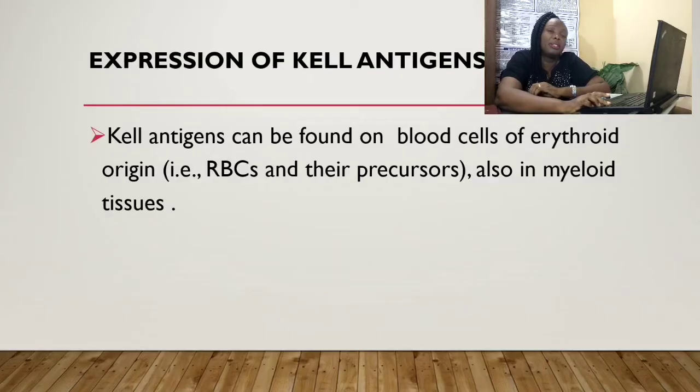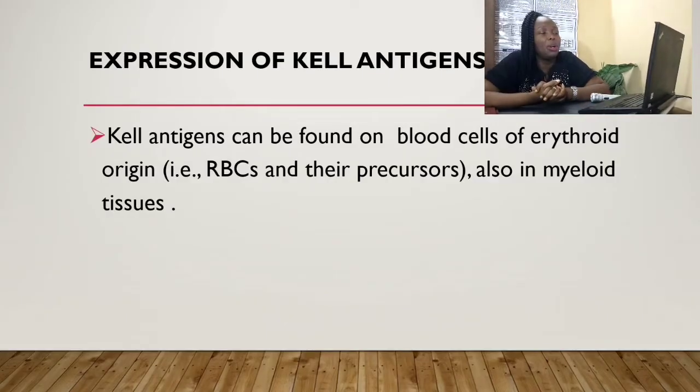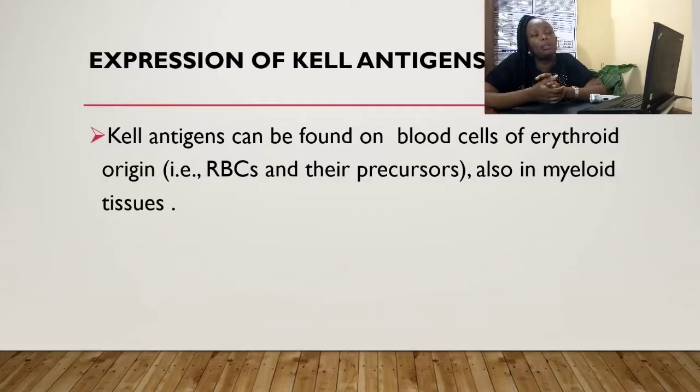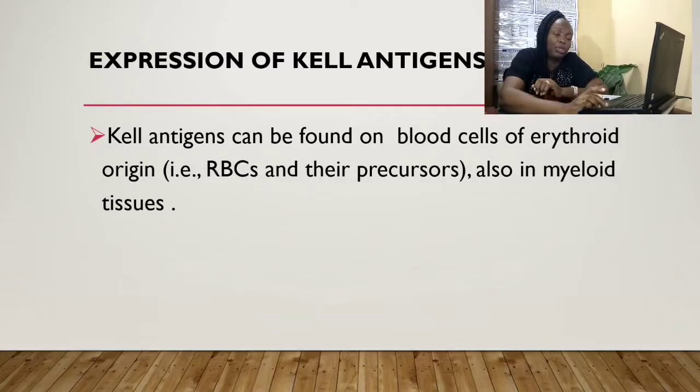Expression of Kell antigens. The Kell antigens can be found on blood cells of erythroid origin, that is, red blood cells, both the mature and the immature ones, and their precursors. They can also be found in myeloid tissues.